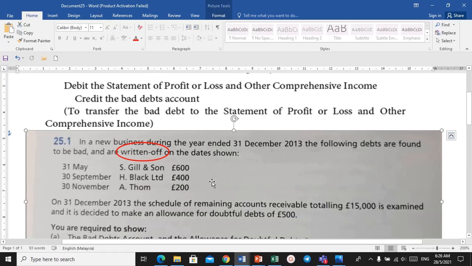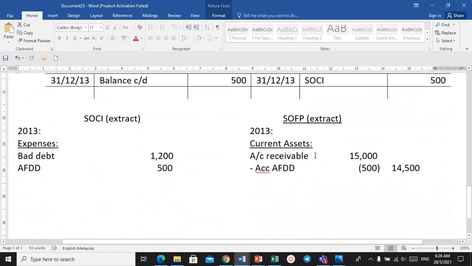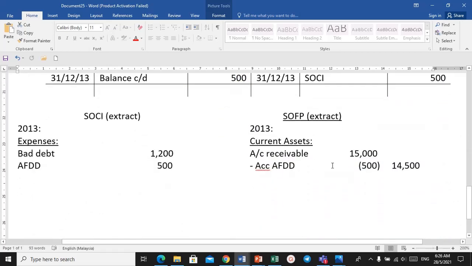If they do have these words, it means that the amount has been deducted from the account receivable. So you do not have to re-deduct. Jangan tolak semula. You do not need to re-deduct the amount from the entries in the final account. Jangan tolak semula sebab dah siap tolak.